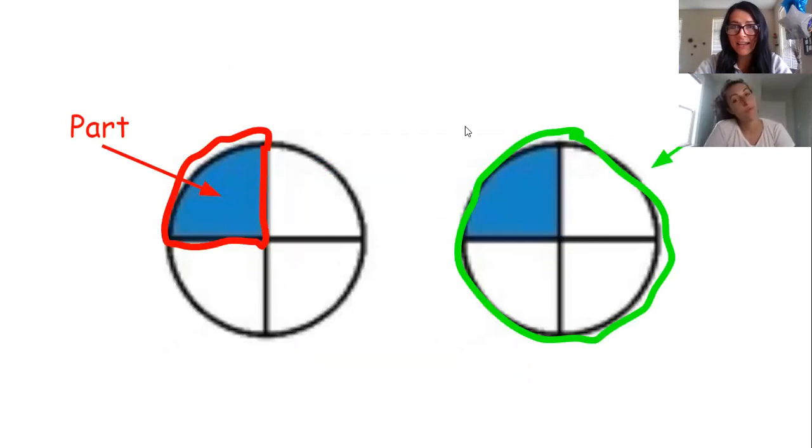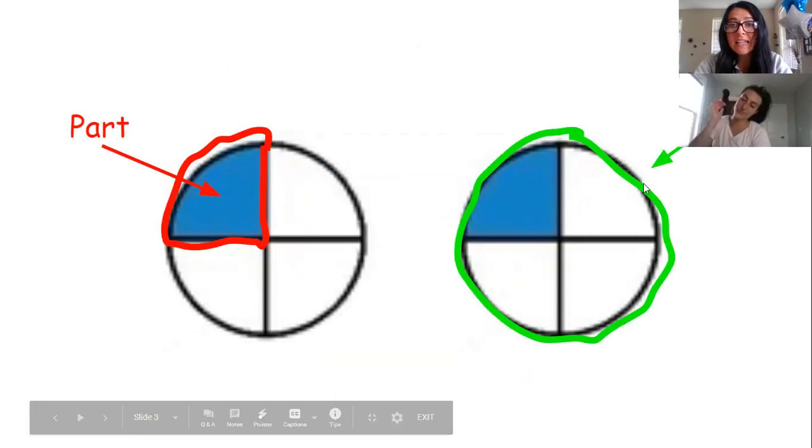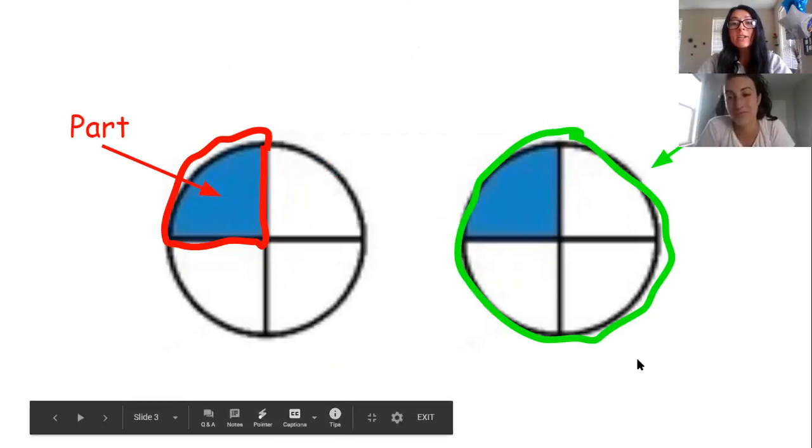From this next slide, you can see that the part is the piece that's colored in. So over here, there's only one piece colored in. That means the part would be 1. On the next fraction picture, you see the green circle is circling the whole fraction picture.